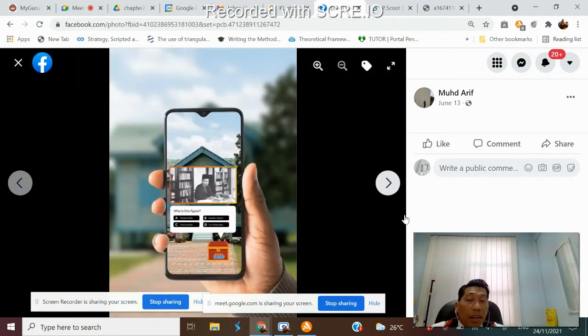Okay, this is using QR code scanning, looking for the treasure hunter. It's an event that you can create once a year, where people from outside of UPSI can come over to UPSI, or maybe you can make it an annual event.